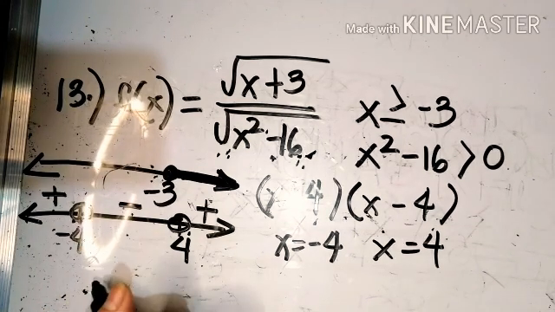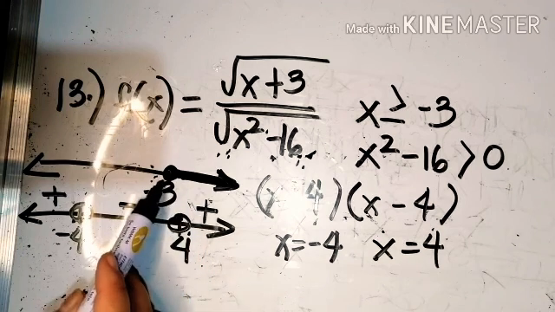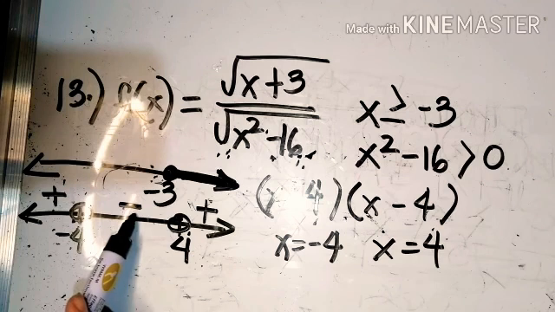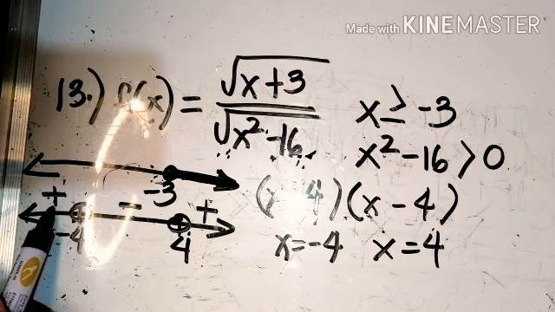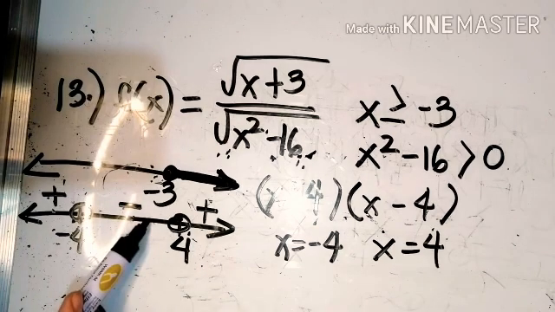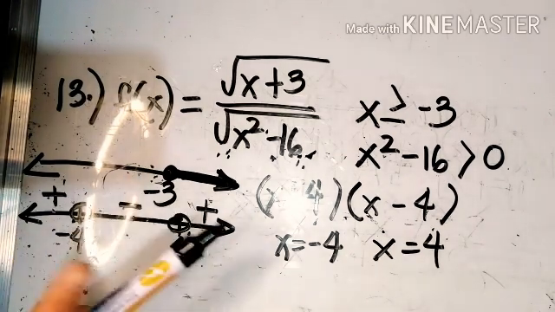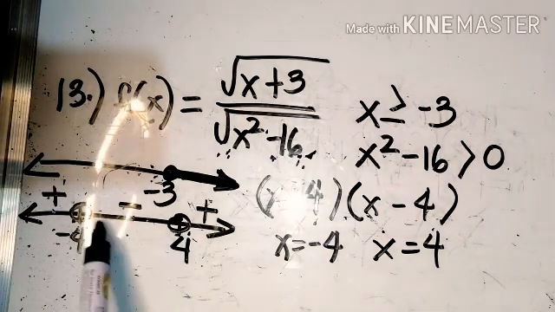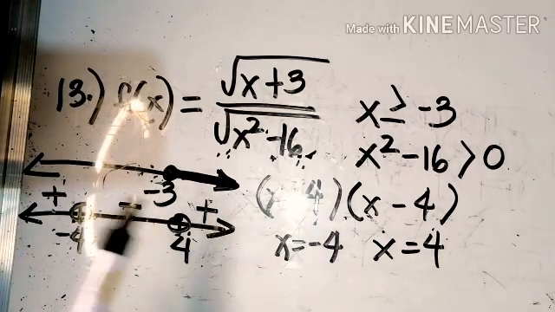So, let's have the intersection of it. So, pwede si negative 3 pataas dun sa first. Kaso nga lang, take a look at this second number line. Hindi pwede yung nasa gitna ng negative 4 and 4.